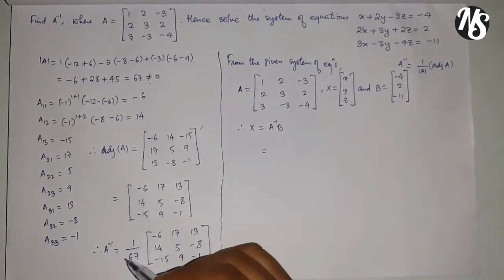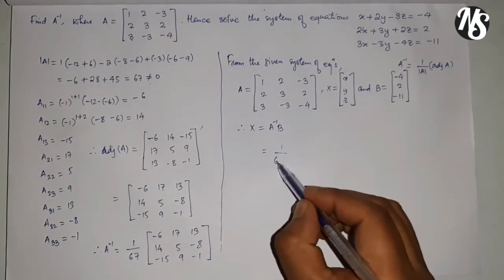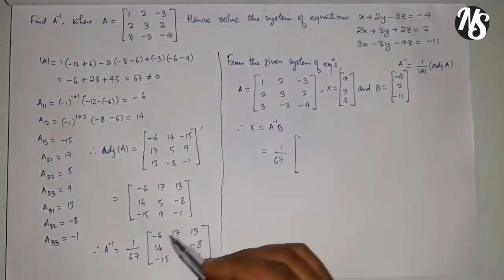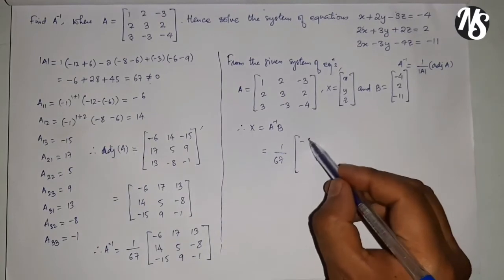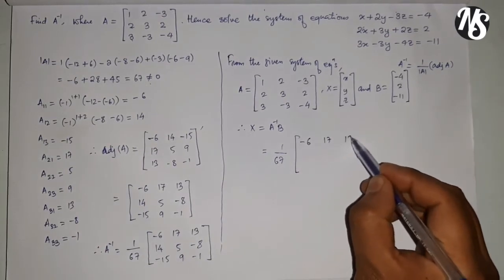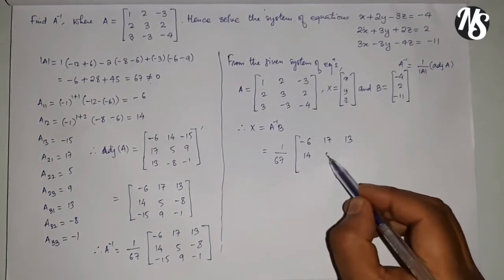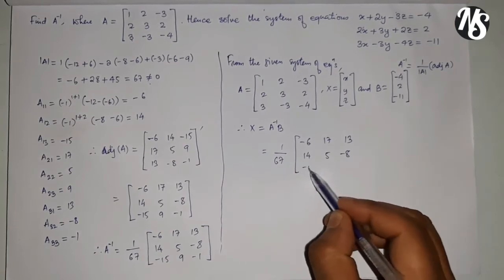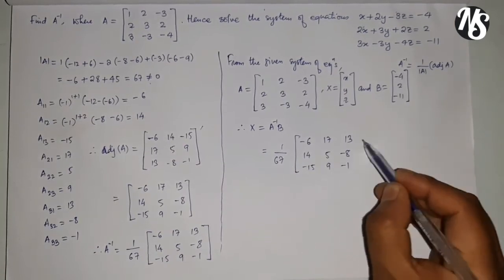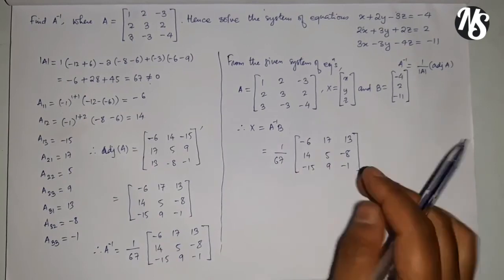So in place of A inverse, I am writing 1 by 67 into, so A inverse, that is this matrix, minus 6, 17, 13, 14, 5, minus 8, minus 15, 9, minus 1.